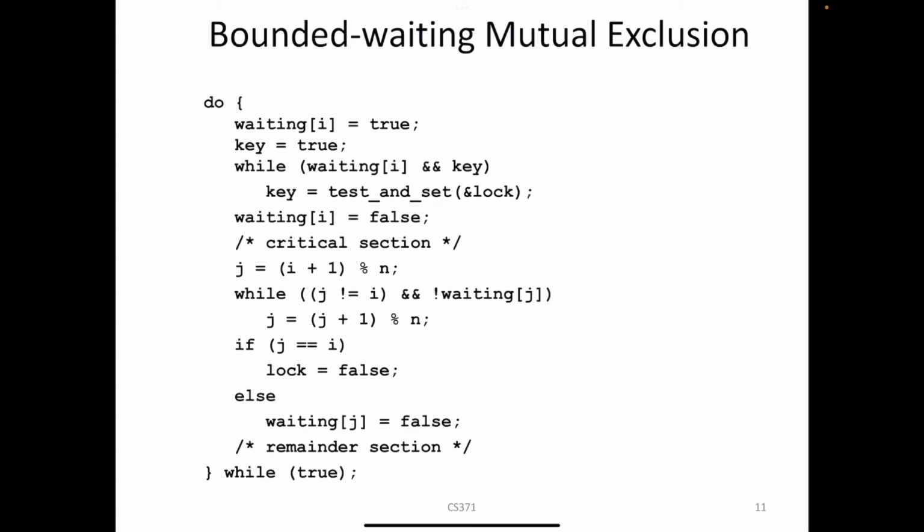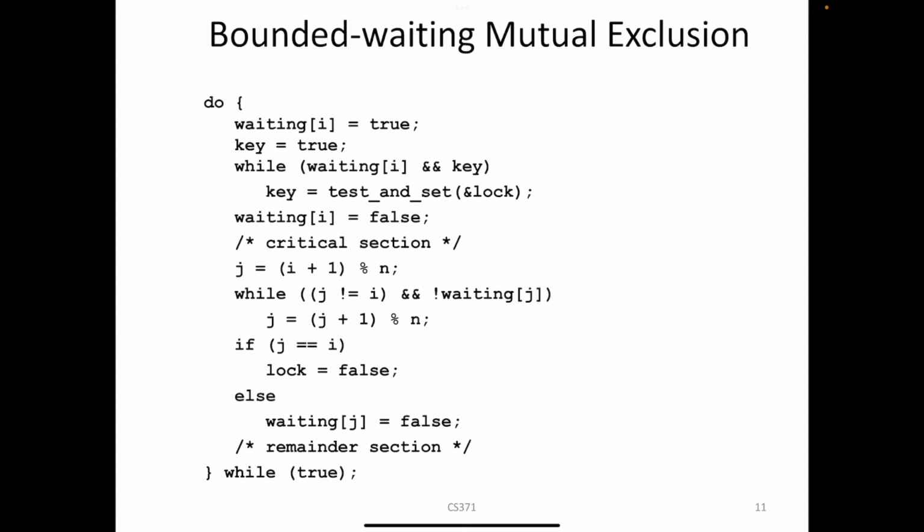Then P0 is put on the CPU again. After P0 exits the critical section, we use another temporary index j to denote the next waiting process. First, we initialize j with (i + 1) mod N, which is the next process index right after i.